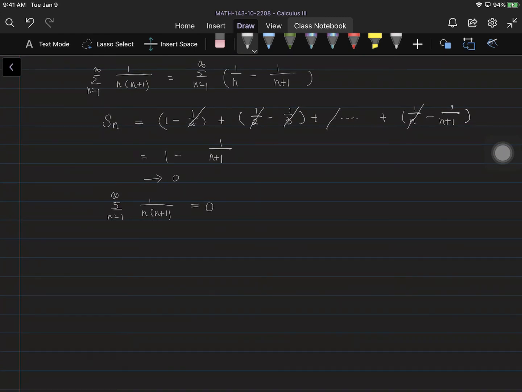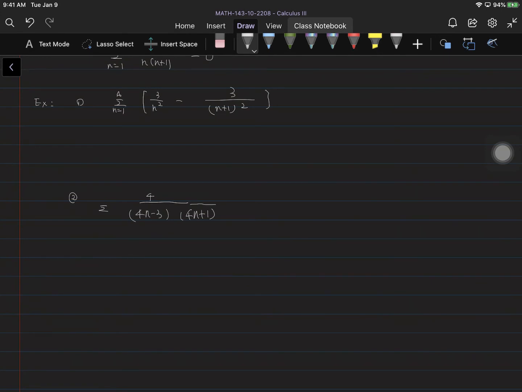Here I give you 2 problems. The first one, you can see 3 over n squared minus 3 over n plus 1 squared. For this one we don't need to do partial fractions, this is already given.